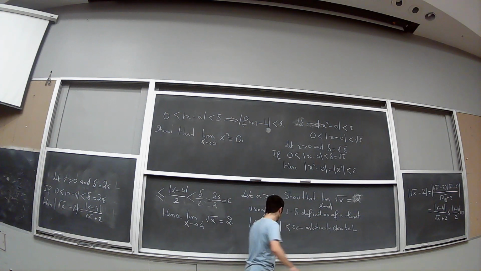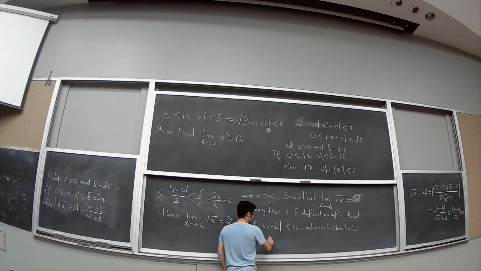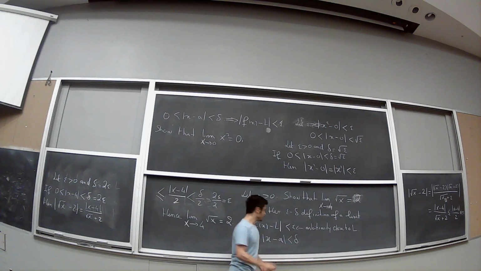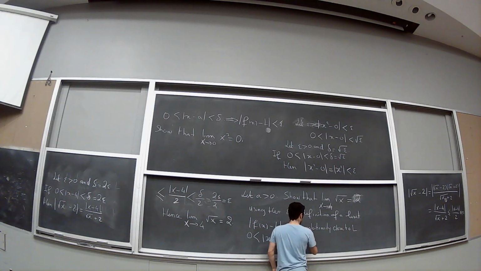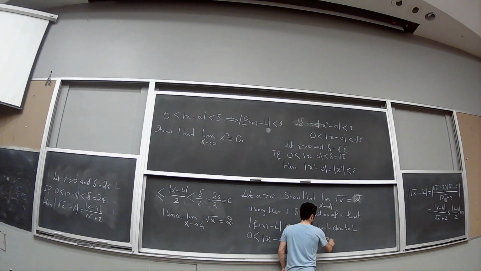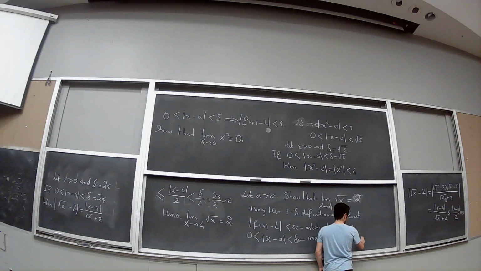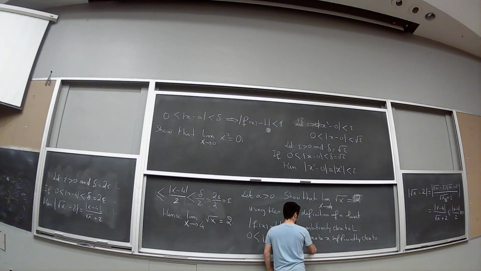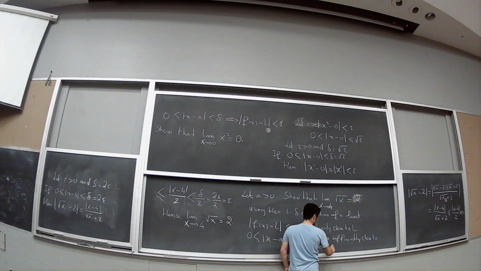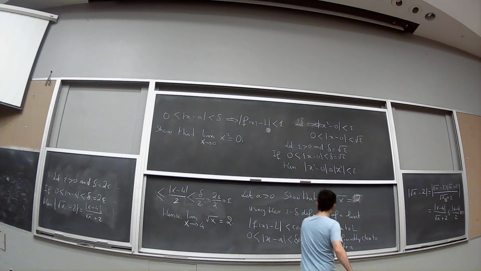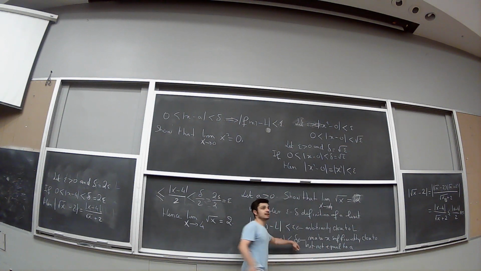And then I have to tell you how close x should be to a, by making x sufficiently close to a, but not equal. So when you say by making, basically you choose the delta.